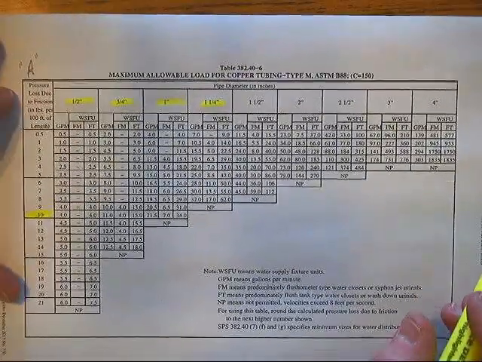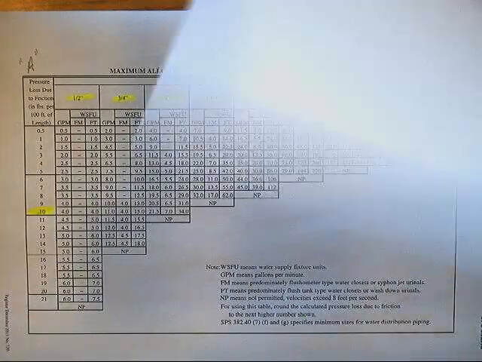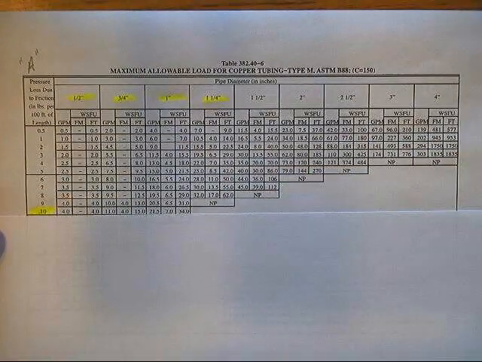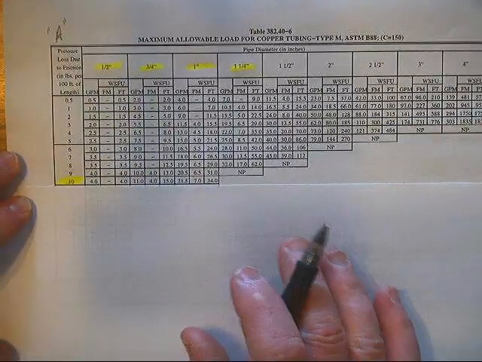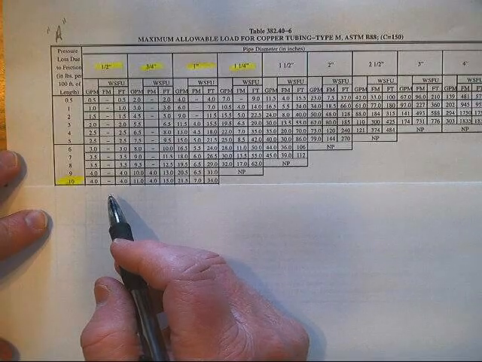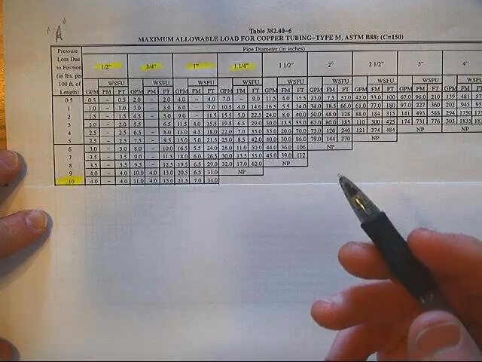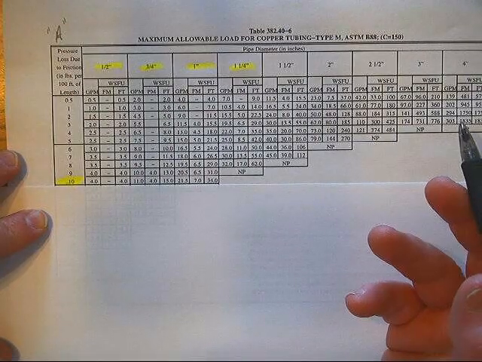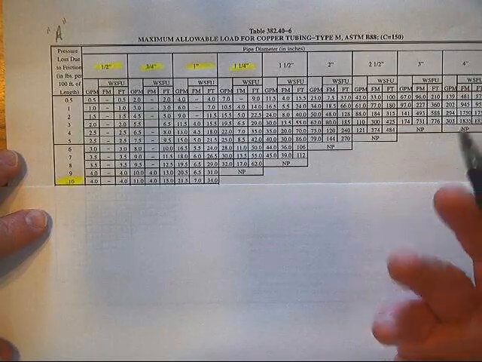Now, what I'll do next is I will grab a straight edge here, and I'm going to go to the value of 10, my A value, and now I'm going to start going across until I have selected the maximum size pipe that I will have to serve my building.